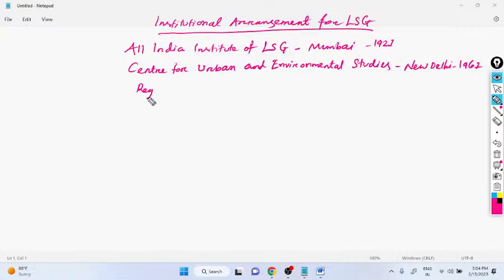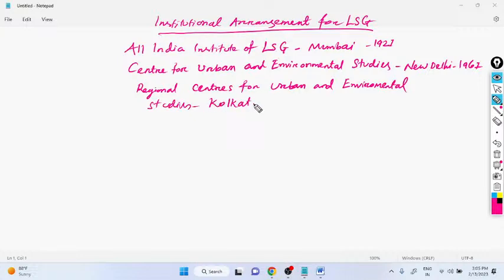There were regional centers for urban and environmental studies in Kolkata, Hyderabad and Mumbai.